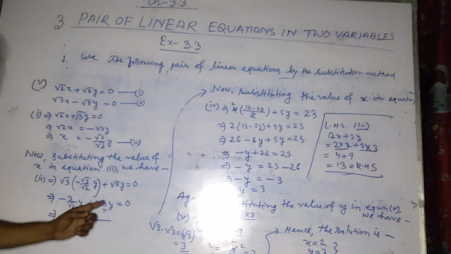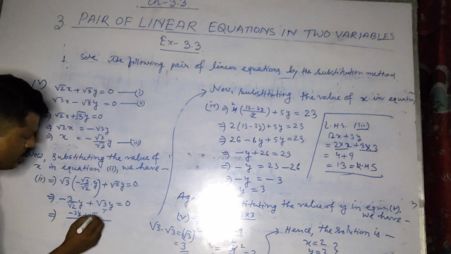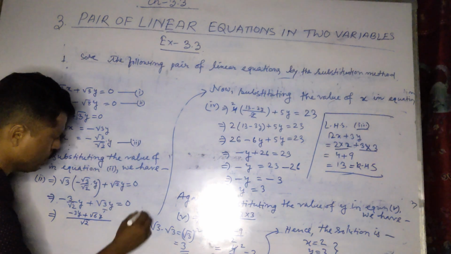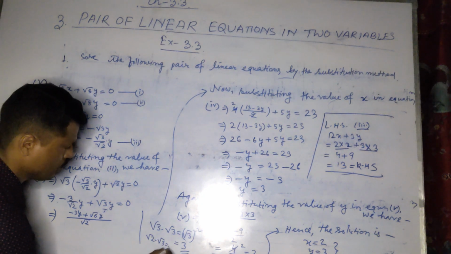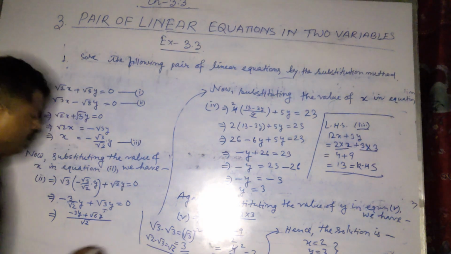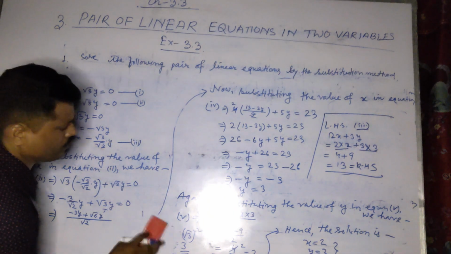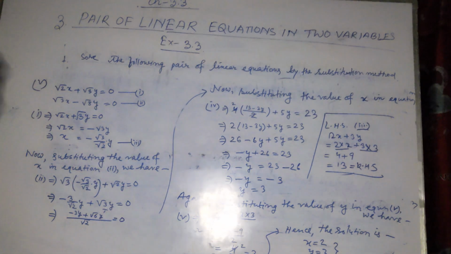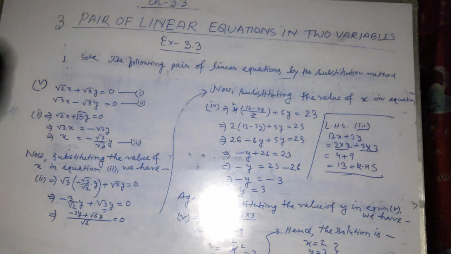Root 2 into root 3y, that means root 6y, because we know root 2 into root 3 is root 6, and y is there. So root 6y is equal to 0. Now minus 3y plus root 6y is equal to what?